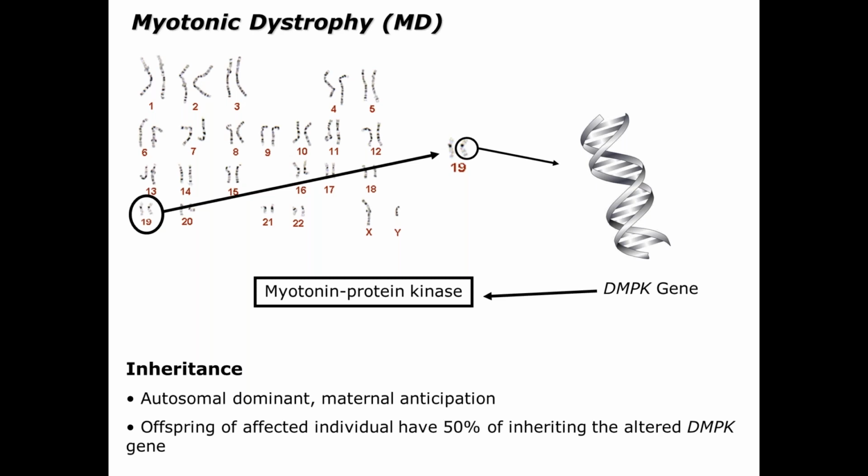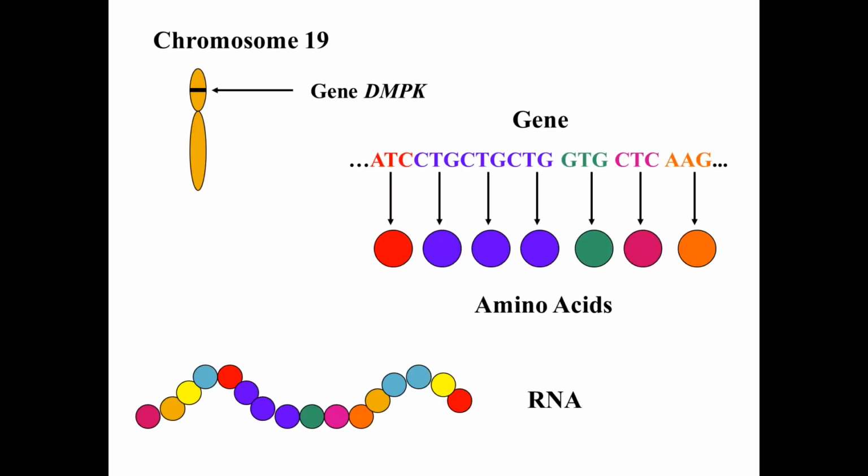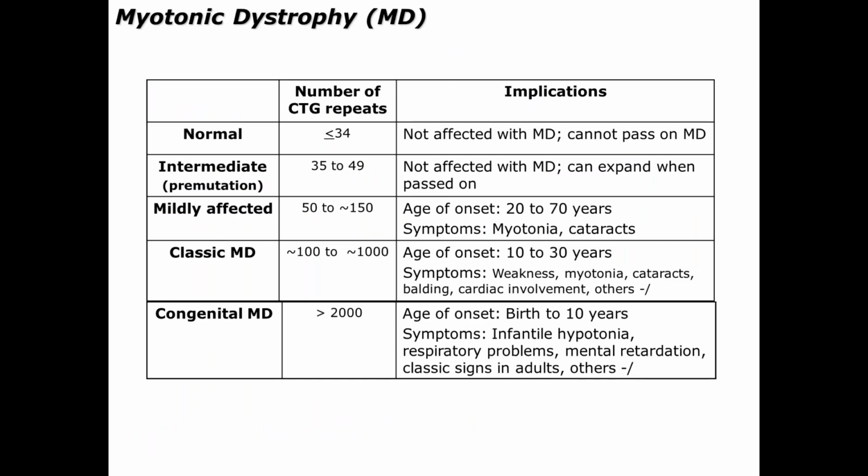Sometimes babies are really sick and they don't make it. So we want people to understand that for people who have myotonic dystrophy, there is a risk that their babies can be born with congenital myotonic dystrophy if those repeat numbers expand up into a range that causes the symptoms.